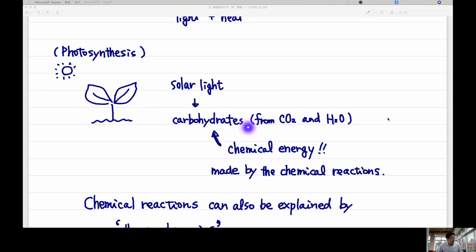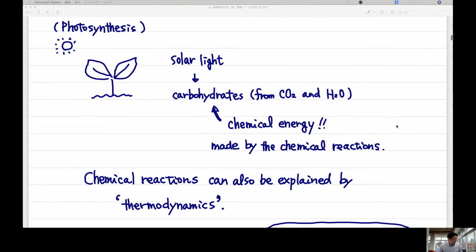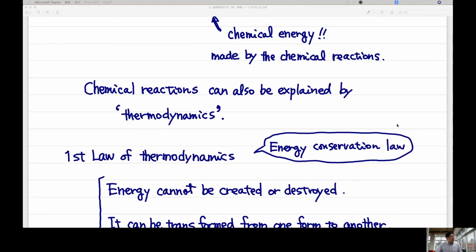And carbohydrates are actually chemical energy obtained from solar light by chemical reactions, and we eat these carbohydrates. This is very important for us, okay? So chemical reaction can also be explained by thermodynamics. This is our first standing point of this course.